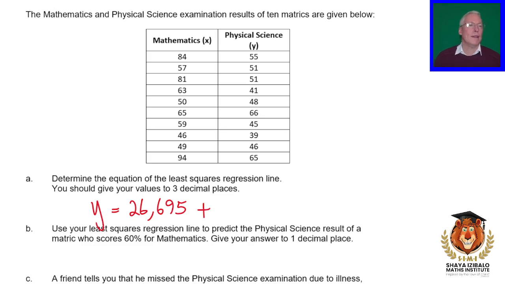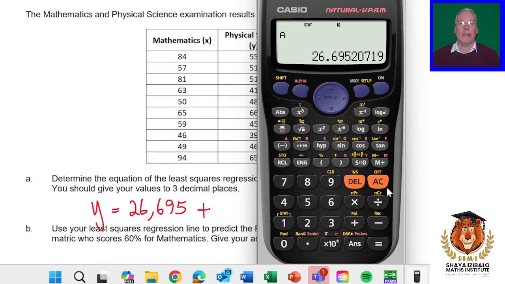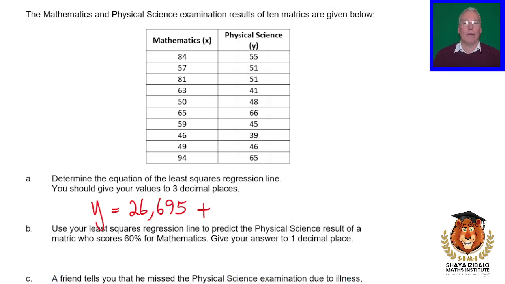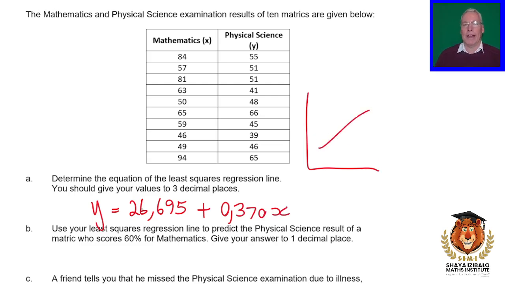That's the y-intercept of my least squares regression line. And then I'm going to go shift stat 5 option 2, which will give me B, and that's 0,370. So y equals 26,695 plus 0,370x. That's my gradient. Okay, so definitely a positive line like that.